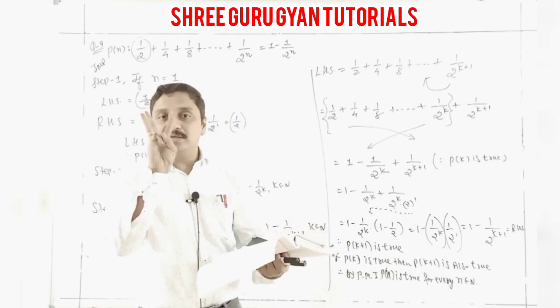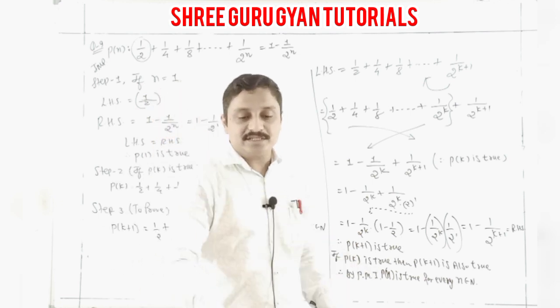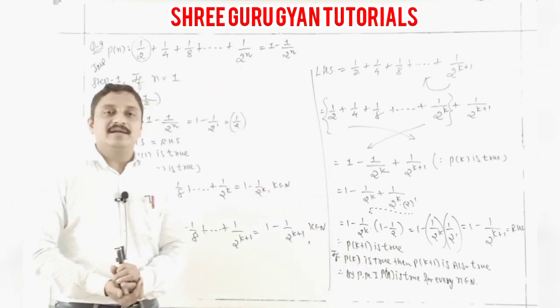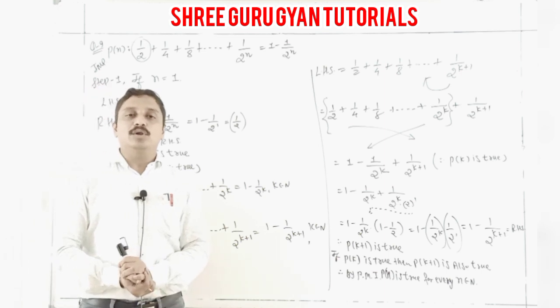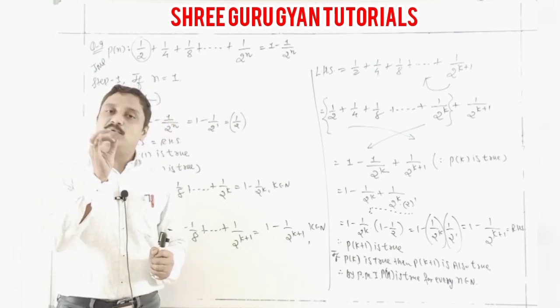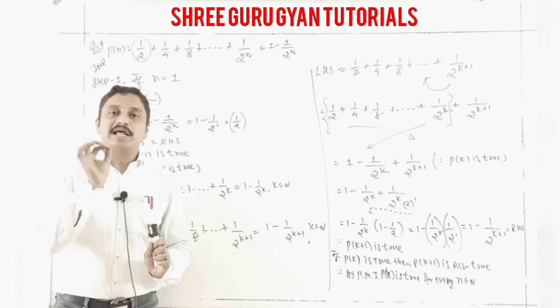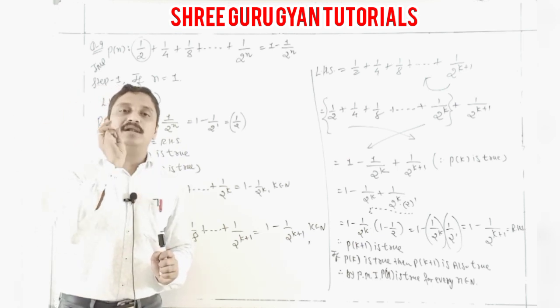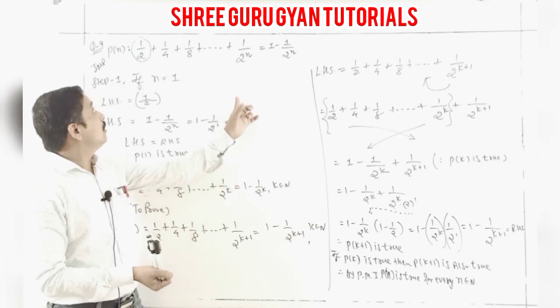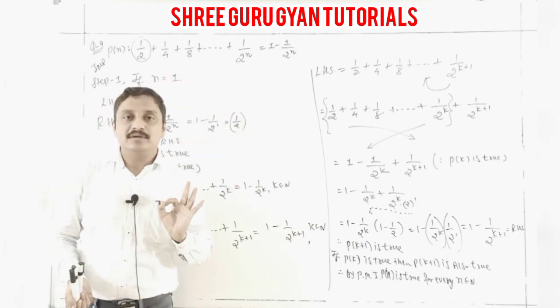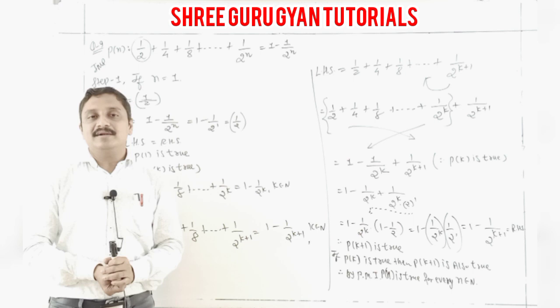Okay? Yes students, up to that in this part I completed the PMI rule: n equal to 1, P1 is true, and Pk true, then Pk plus 1 is true. So you try yourself only example 1 and example 3. And here one more sum, question 10. Don't worry, I will explain it also in the next part, but it is for self practice.